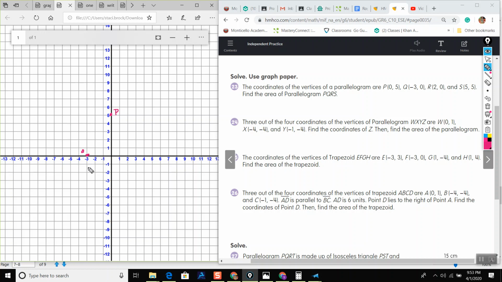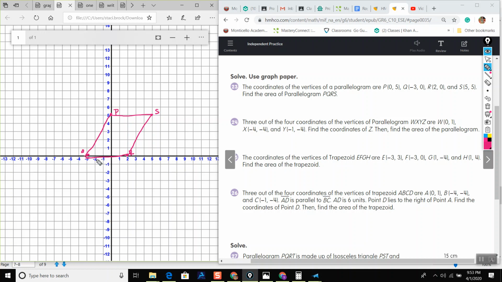Then we've got R at 2 and 0, so that's right here. And then we've got S at 5 and 5, over 5, up 5. So there's our S. Then you're just going to connect these up. My drawing's not super awesome on this pad, sorry.